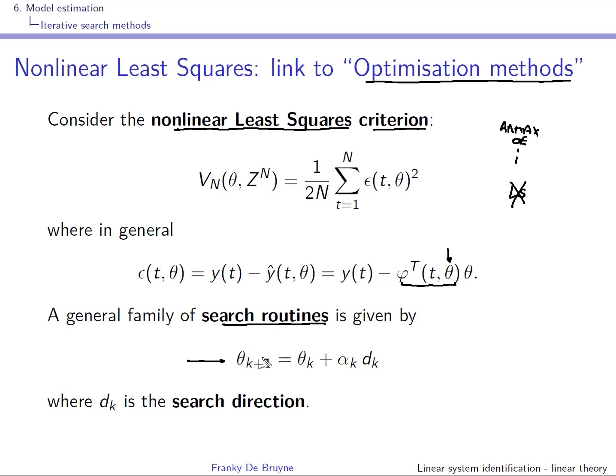So the new estimate is constructed from the previous estimate by computing a search direction and taking a step alpha k in this search direction, and then you'll hopefully converge, but the problem is that you'll converge maybe to a local minimum. So what you can do is choose different initial values, and hopefully you'll select one for which if you run such a search routine you will end up in the global minimum.